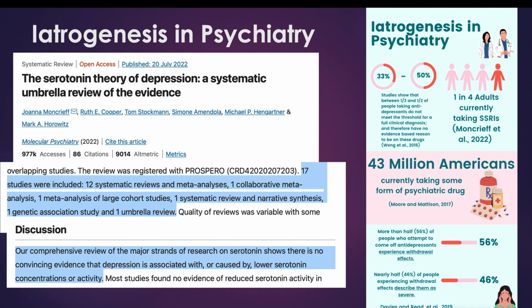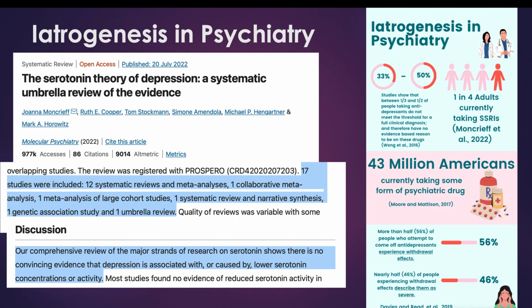They looked at 12 of those in this study, along with systematic reviews and meta-analyses, which are kind of the step below systematic reviews. So it's also a very statistically powerful study to gather inference from, along with the other studies that they utilized.